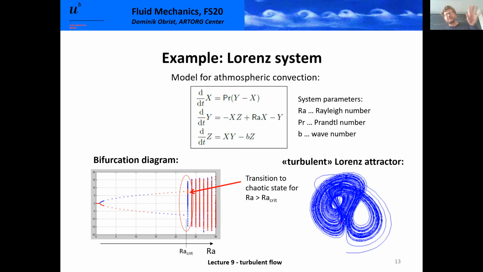And just as in the Navier-Stokes equations, where we have the Reynolds number, which is telling us something about the weight between viscosity and the nonlinear term, we have here another number. It's called the Rayleigh number, Ra, which in that system plays a similar role as the Reynolds number. The Rayleigh number is a slightly different non-dimensional number used by atmospheric scientists.